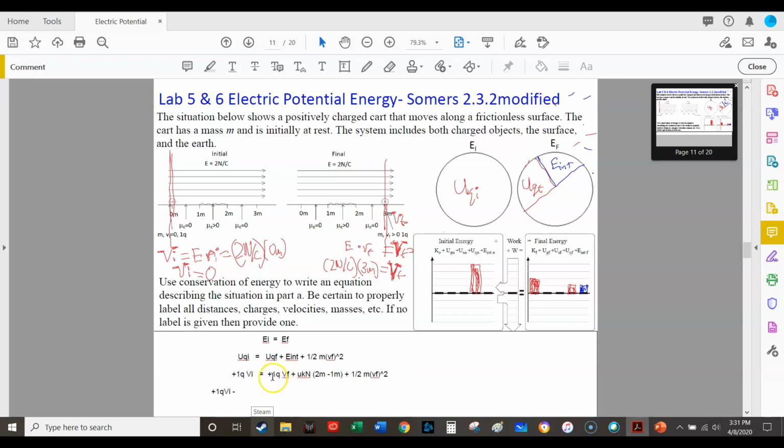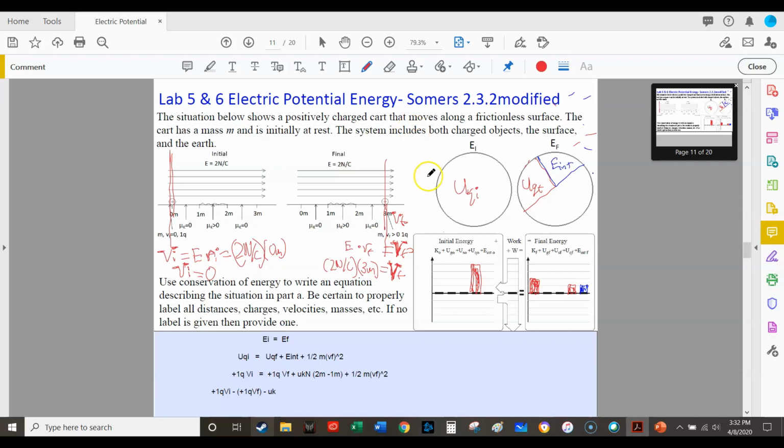We're going to bring this final potential energy due to electricity onto the other side, which is, we're going to subtract that from both sides. That's a positive 1q times the final voltage. Okay. And then we're going to subtract again. We're going to subtract our internal energy, or our frictional energy, if you want to call it that, times the normal force.